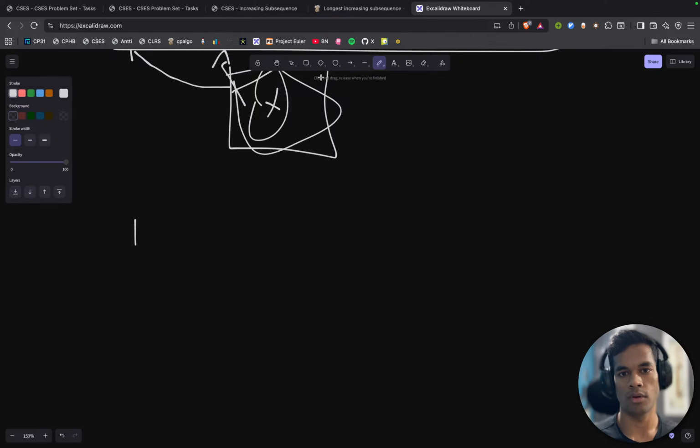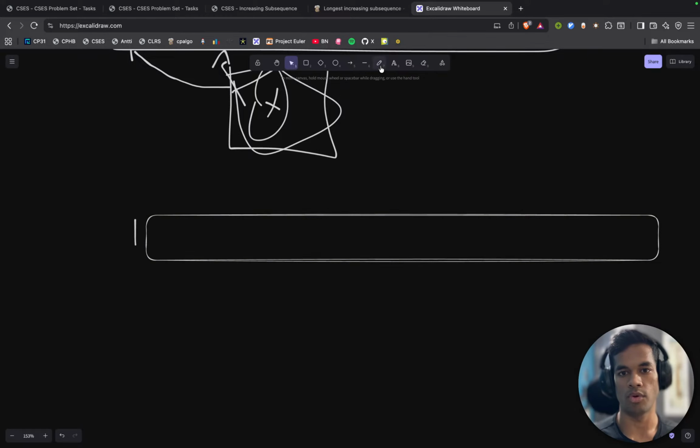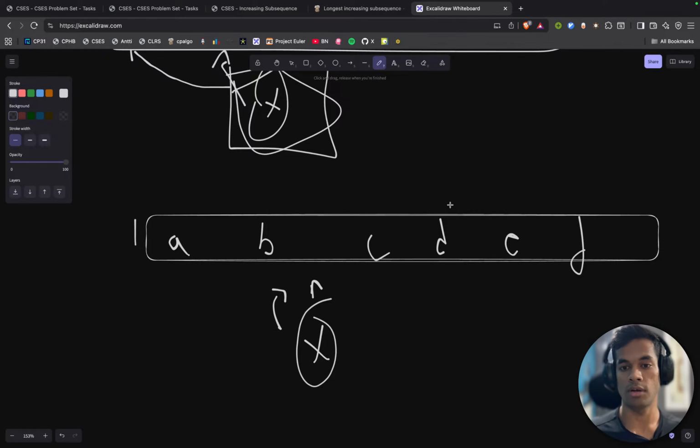Let's now talk in a general case. Let's say our array is monotonously increasing and I have values A, B, C, D, E, F, and they are all monotonously increasing. Now I come with x and I look for the biggest number that is smaller than x.